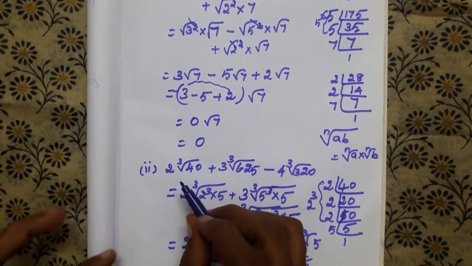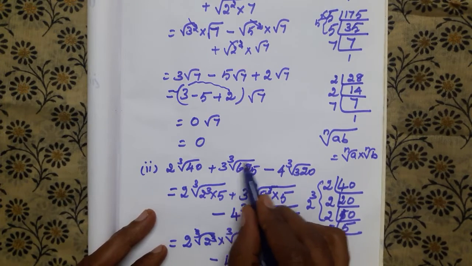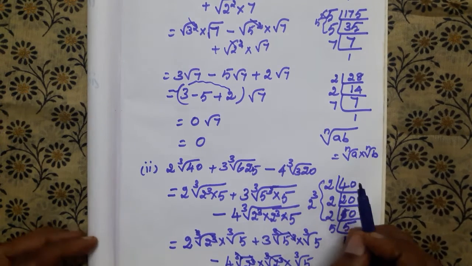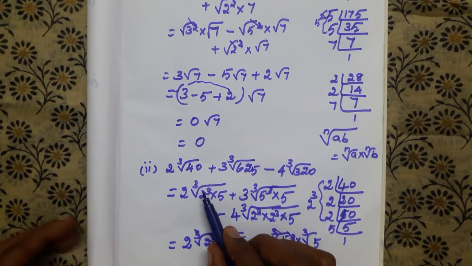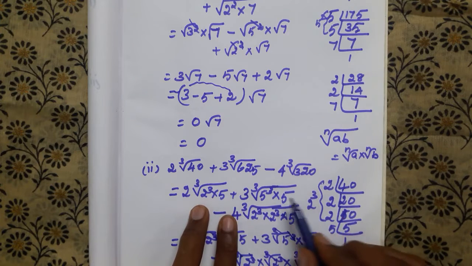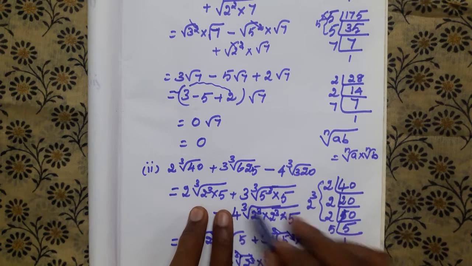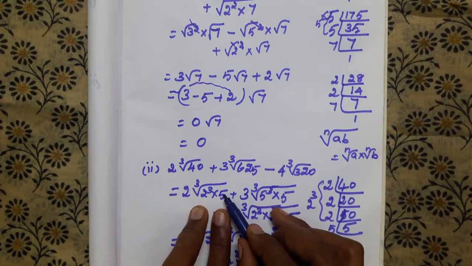Once again, shall I explain this? 2 cube root of 40 plus 3 cube root of 625 minus 4 cube root of 320 is equal to 2 into... here this 40, the order is 3, so we have to write it as a power of 3. So 2 cube into 5. 5 we cannot write as a power of 3, so we write this 5 alone.